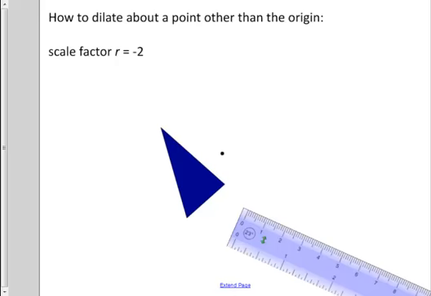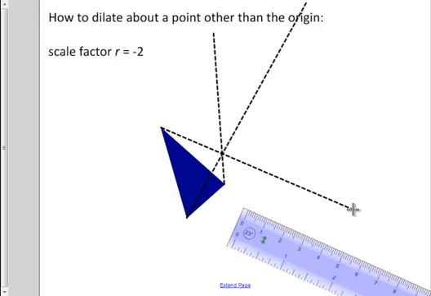So when I draw the line this time, I'm going to start at the vertex and go through the center of dilation. Okay, and I need to get pretty far away for each of these because it's going to be twice as far as the original vertex.